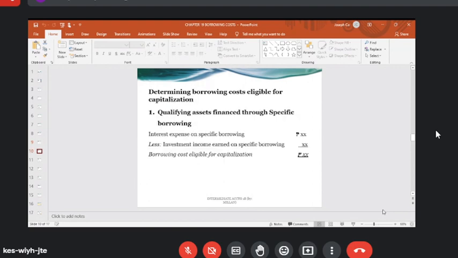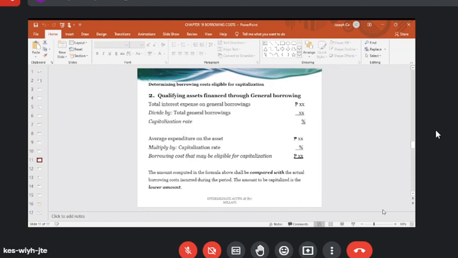We have specific borrowing costs, where interest expense on specific borrowing minus investment income earned on specific borrowing is equal to borrowing costs eligible for capitalization. For general borrowing, step 1, you compute the capitalization rate: total interest expense on general borrowing divided by the total general borrowing.